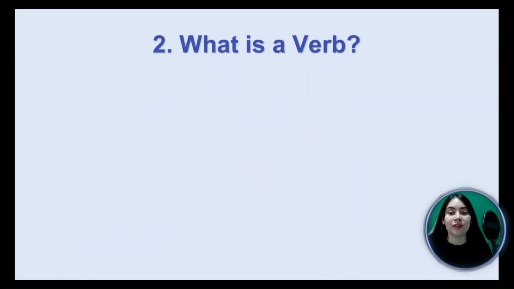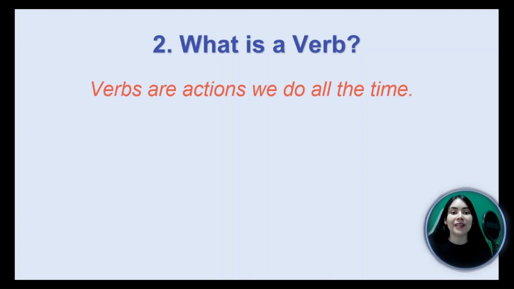What is a verb? Second word, what is a verb? A verb is an action we do all the time.